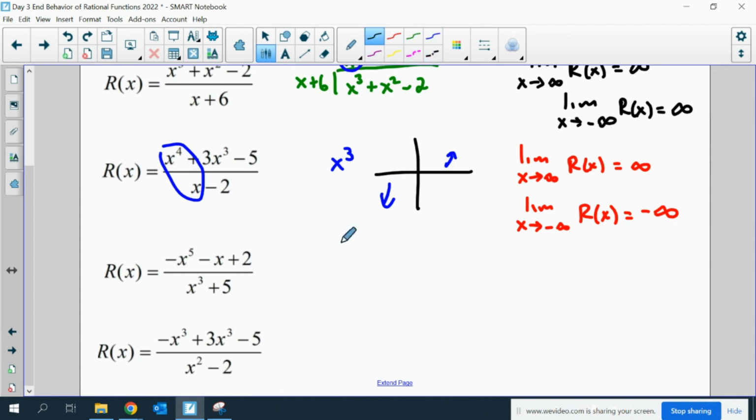If I do the same thing on the bottom two, if I do some division on these two things, x to the fifth over x to the third with a negative here would be kind of like negative x squared.